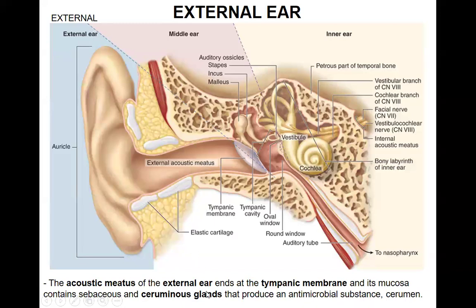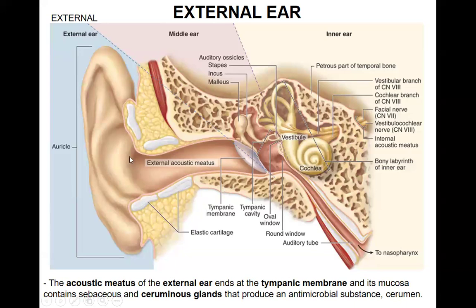And these ceruminous glands are of the same type as what were called the apocrine sweat glands, but they also secrete by merocrine secretion. These ceruminous glands have a role in fighting bacterial infections.